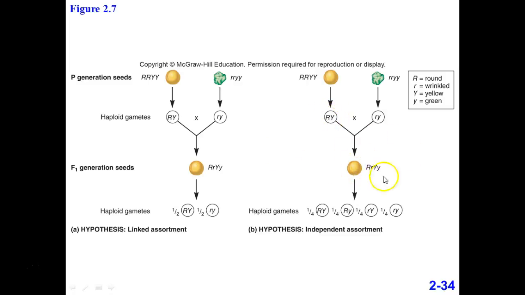So then you end up with the possibility that they either give a capital R, capital Y, two dominants, or capital R could combine with little y, or little r with big Y, or little r with little y. So you end up with these 4 different possibilities for gametes, looking at these 2 different traits where you're heterozygous, where you have a dominant and a recessive for each one of those traits.